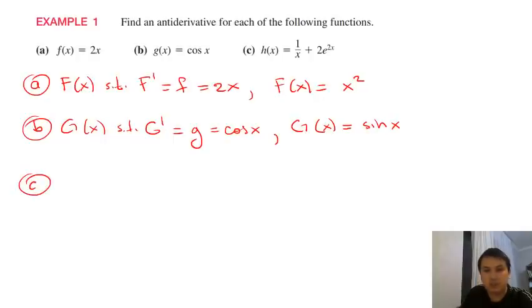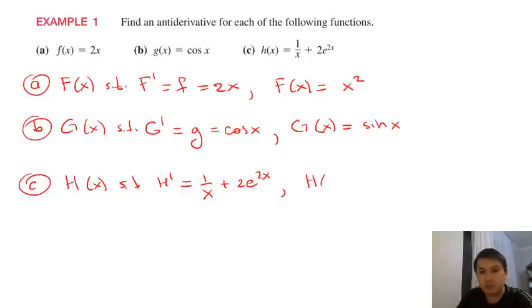How about C? So I'm looking for a capital H such that its derivative is going to give me 1 over x plus 2e to the 2x. Well, I can think of 1 over x and 2e to the 2x as two separate functions. So I can try to find the antiderivative of each separately, right?